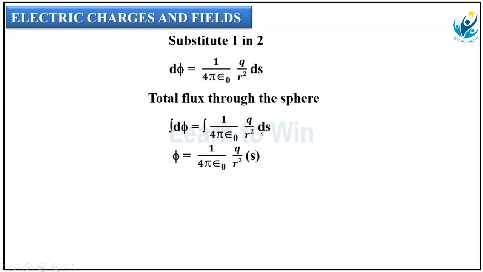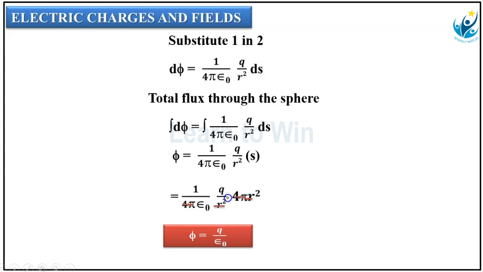Now integral ds means the total area of sphere B, so that value is 4 pi small r square. Substituting that here, 4 pi cancels, r square also cancels out. The remaining equation is phi equal to Q by epsilon naught.